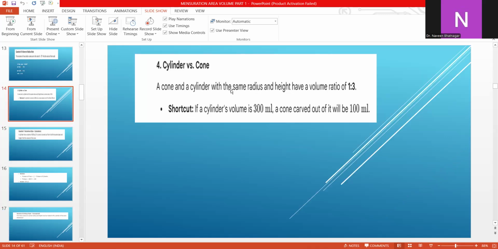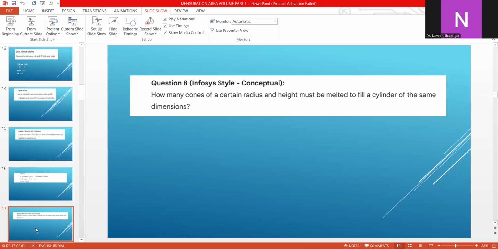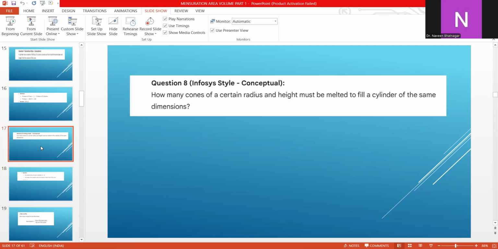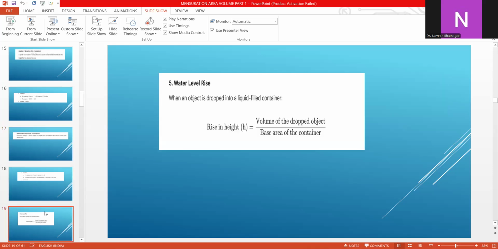The cone and a cylinder with the same radius and height have a volume ratio of 1:3. So I can say the cylinder volume is exactly 3 times that of the cone. They are asking how many cones are needed to make a cylinder. You can say 3 cones are needed to make a cylinder.